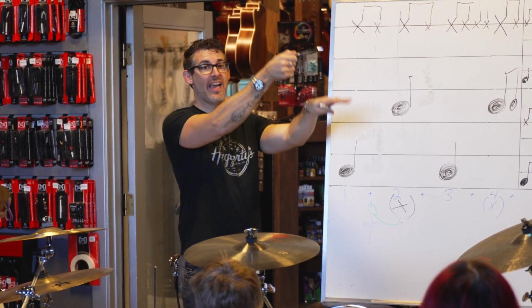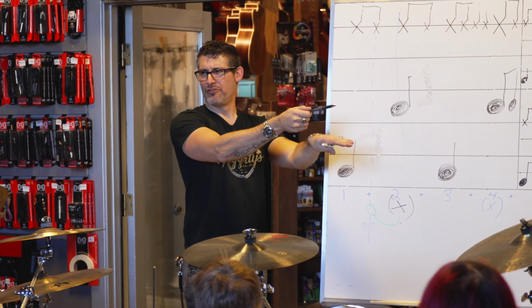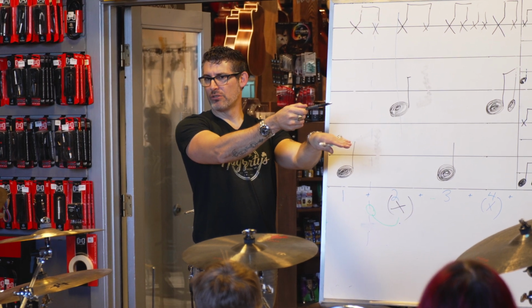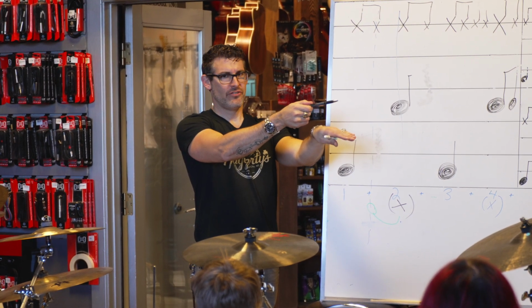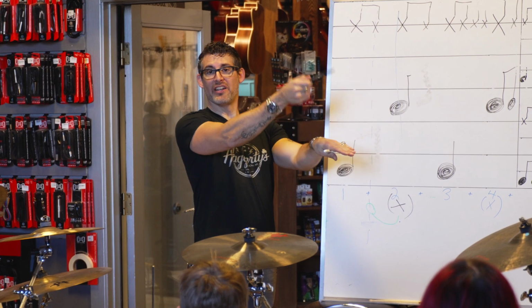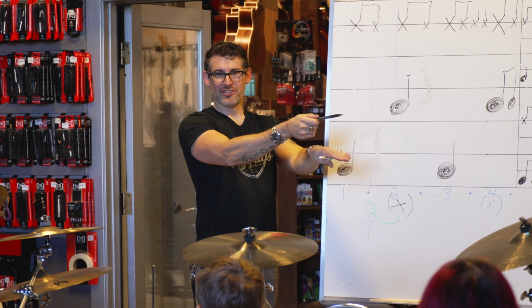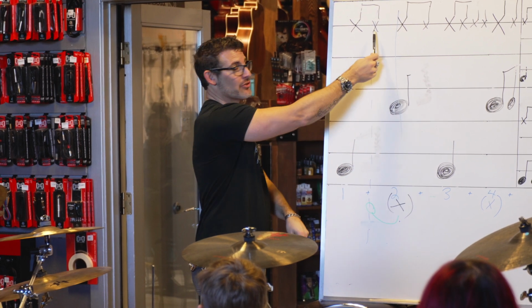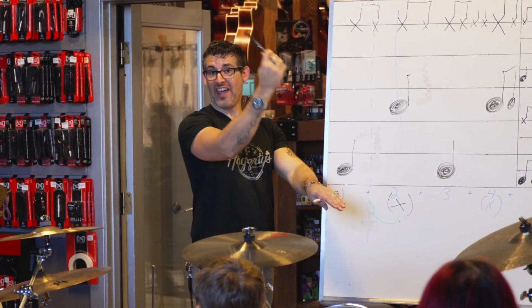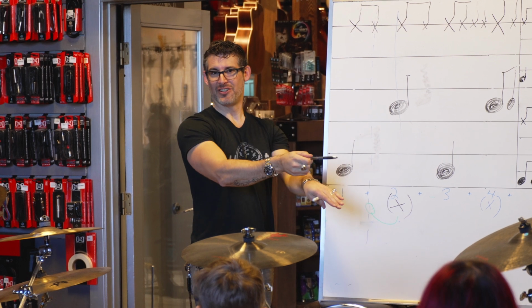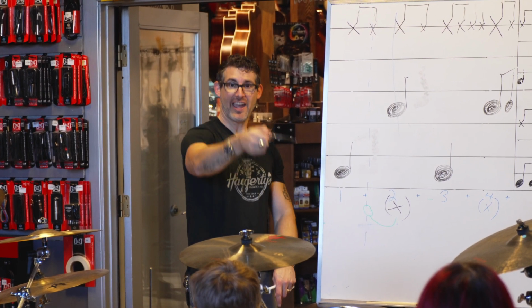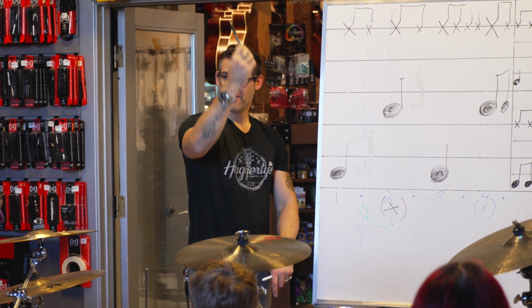1 and 2. Visualize that in your head right now with your hands. Just visualize 1 and 2. On the and, your stick comes back up, right? 1 and 2.